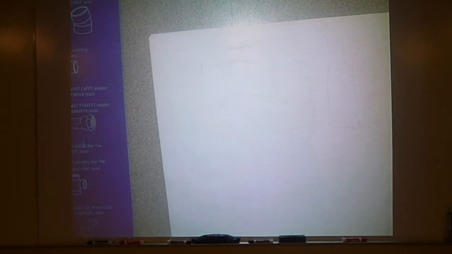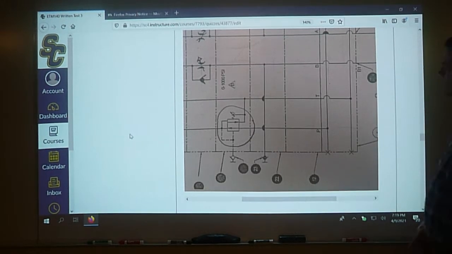Next question has a diagram, and I just need to show this to you because I don't think it's right.